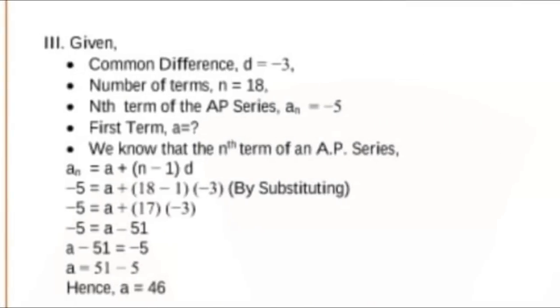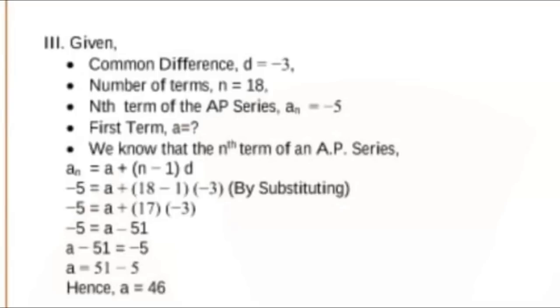In the third part, we are given common difference is minus 3, number of terms 18, nth term is minus 5, but the first term is missing. So let us calculate the value of the first term. Now the formula for the nth term is an is equal to a plus n minus 1 into d. So minus 5 is equal to a plus 18 minus 1 into minus 3.